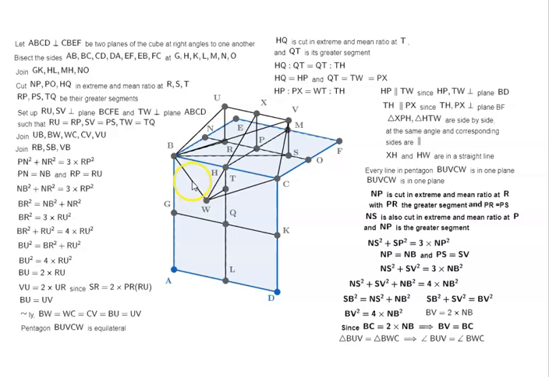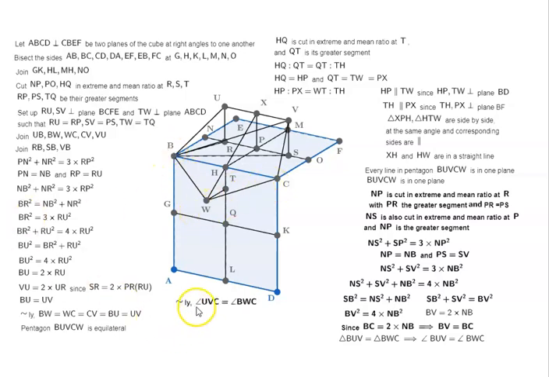And we have seen that BW is equal to BU, and UV is equal to WC. So that means these two triangles are equal, which implies angle BUV is equal to angle BWC.